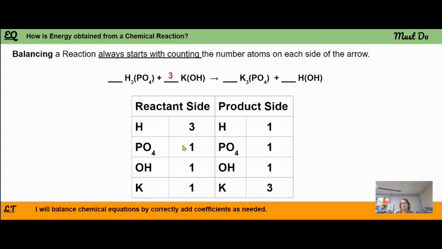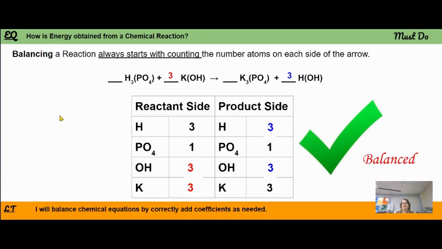Then I have to recount my atoms, so I now have 3 Ks and 3 OHs. Now my OHs don't match, so I need another 3, and that affects my hydrogens and my hydroxides. Now if I look, that's balanced. And then in terms of this class, the last thing you're going to do is put X's in the blanks that have nothing in them, to show that there's nothing in that blank.